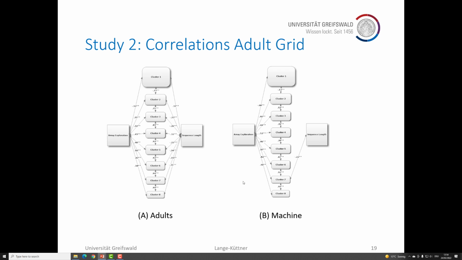And quite impressively, the area exploration now shows in just the same way for the machine, but not the sequence length. The sequence length shows only one significant correlation, and these were also not very high.